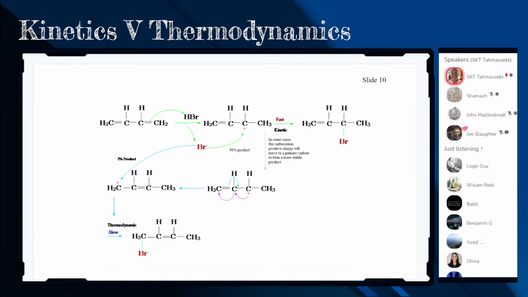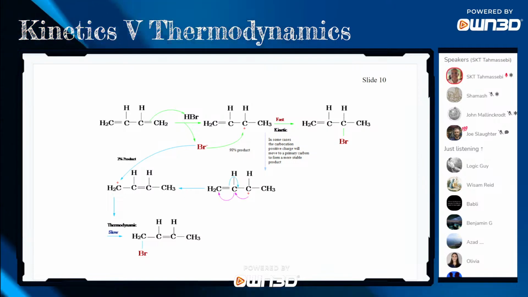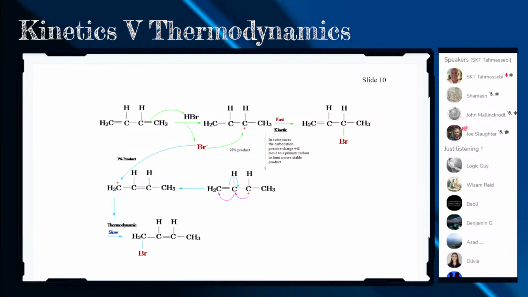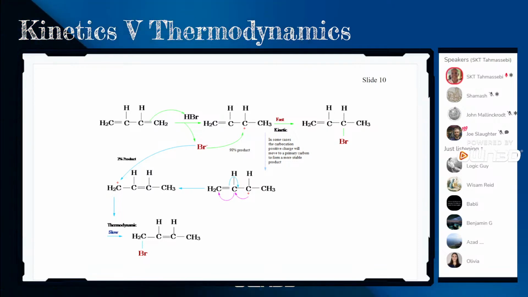So what does happen here? What happens is that initially we add a proton across the double bond on the right, and we end up with that secondary carbocation, a carbon bearing a positive charge, where that carbon is connected to 2 other carbons.